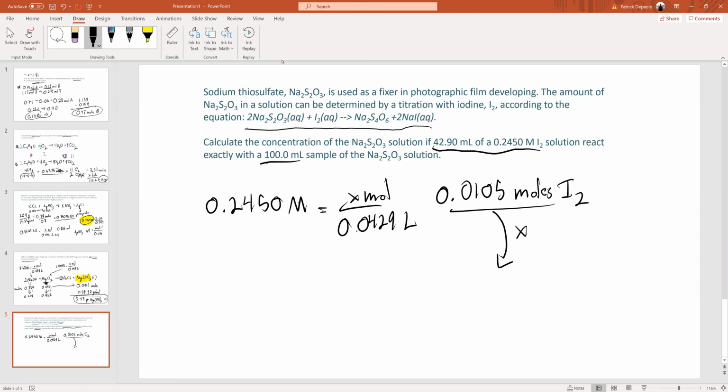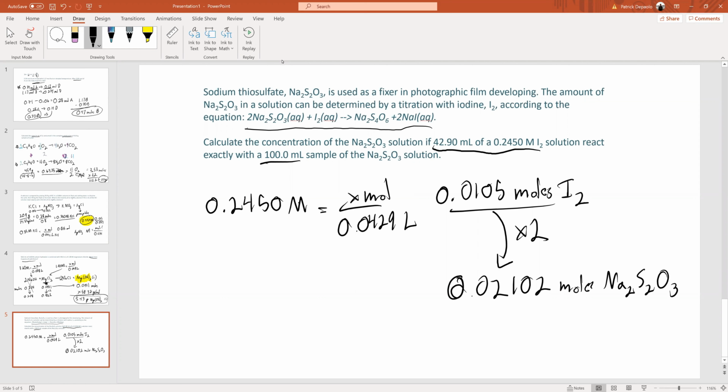So we multiply this by 2. The reason we know it's double is because of the coefficients and the molar ratios in the formula. So this is how many moles of Na2S2O3 there are.